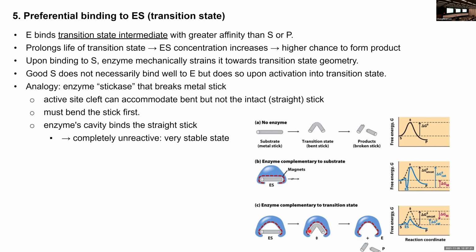So it induces this ES transition state complex. And now it basically lowers this delta G double dagger again, which is the free energy of activation. It is now much smaller than the uncatalyzed one, so it can easily jump through this hurdle and get to the final product, which is broken to pieces. Make sense?